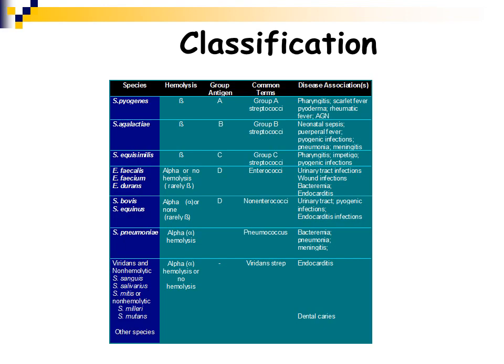This is a chart which shows the different genus and species, their hemolysis, what Lancefield group they're in, the common terminology utilized, and the disease associated with each organism.